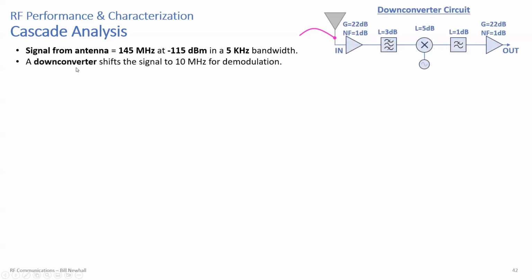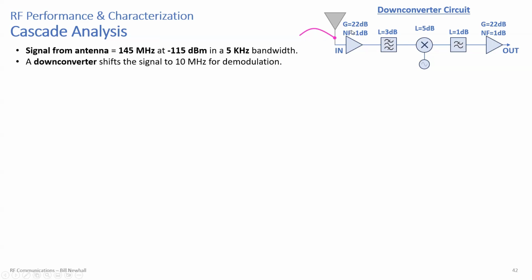Then you have a down converter that shifts the signal from the RF frequency 145 down to 10 megahertz for demodulation. So we have an amplifier, there's an attenuator, there's a filter, there's a mixer, there's another filter, and another amplifier.